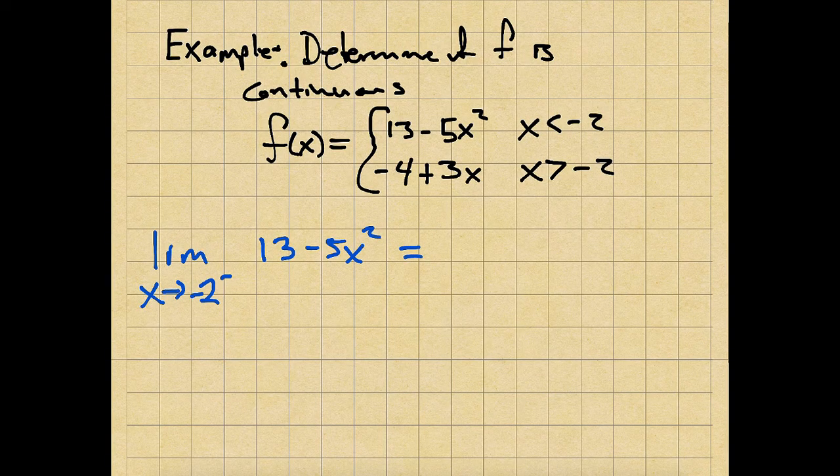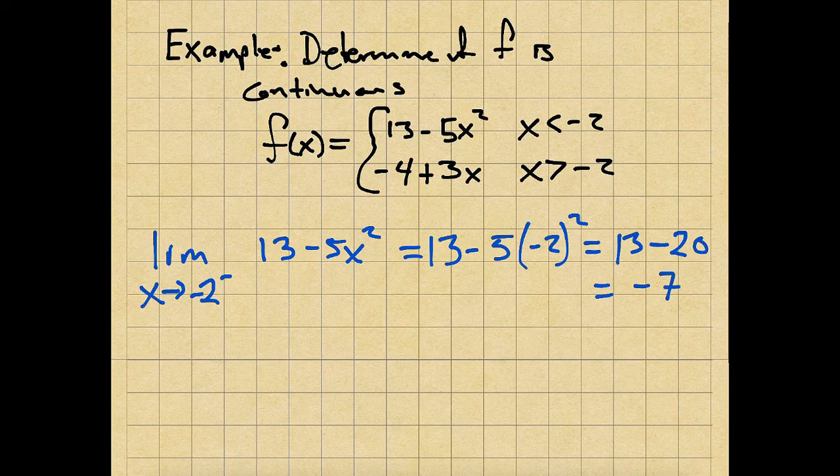And if we put everything in there, this is when you can actually do direct substitution. If you do that, you get 13 minus 20, or -7. So we've established that from the left side, the limit does exist, and it's -7.